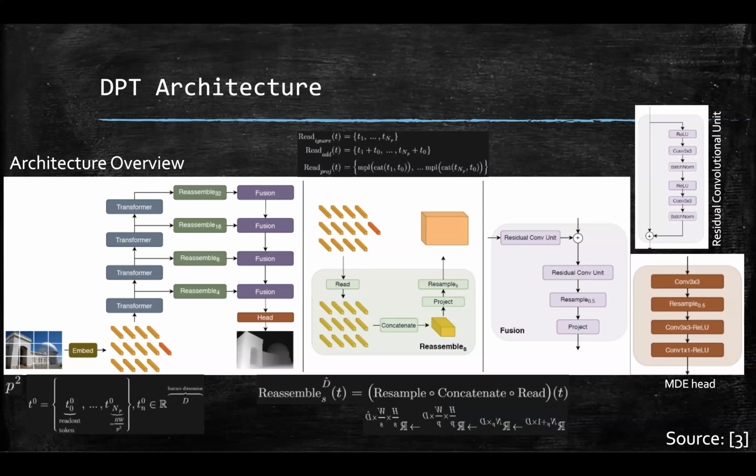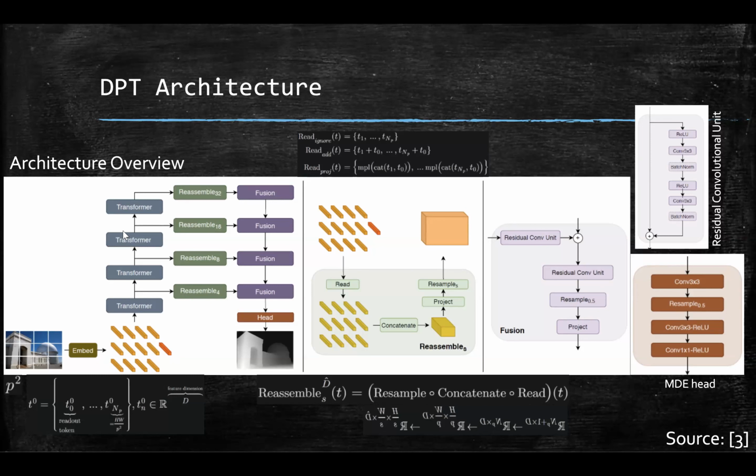Then the image embedding is augmented with a positional embedding and a patch-independent readout token, so this red or orange token here. Then the tokens are passed through multiple transformer stages.